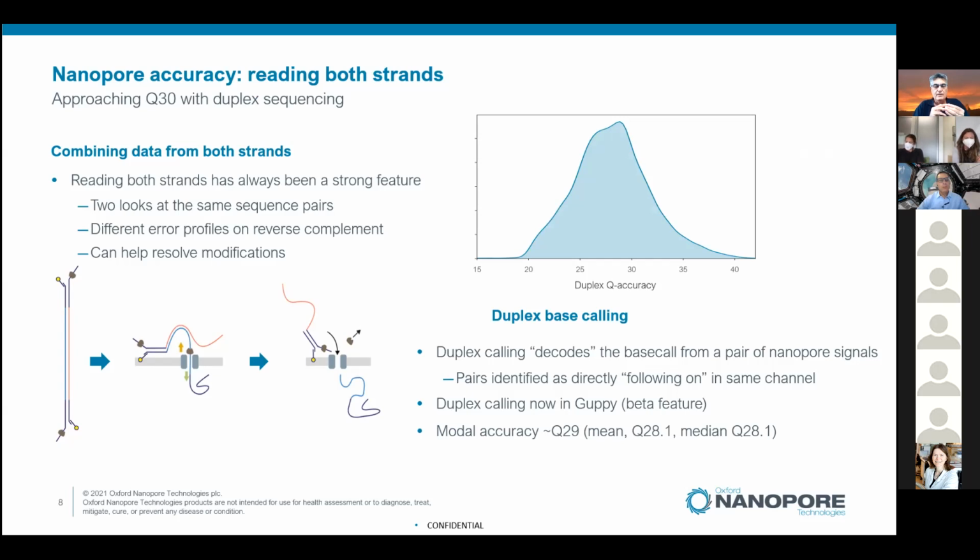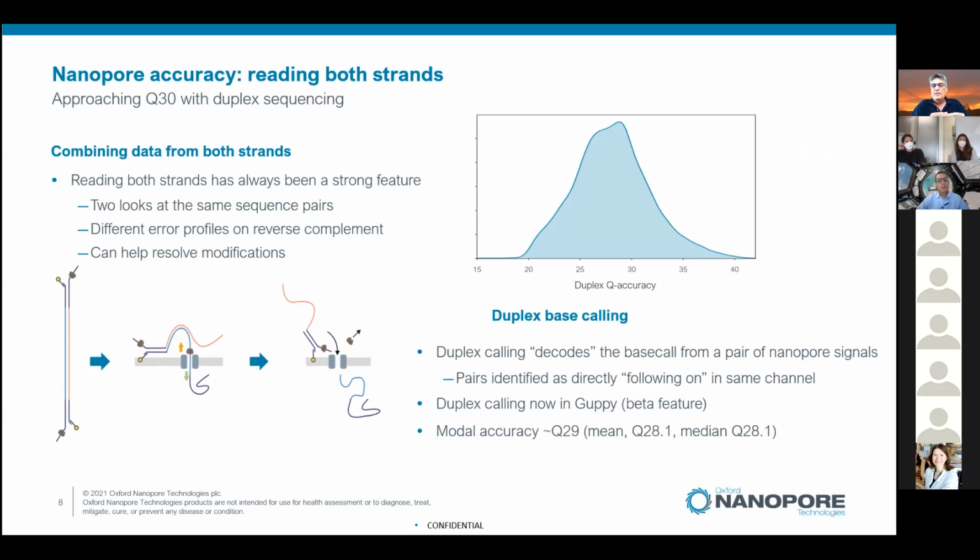And in fact, Mike might, in his talk, touch on the fact we're now over Q30 for some recent additional improvements. And the other thing that we've enabled is the amount of duplex reads that occur in a run. So tweaking our chemistry, we've increased the percentage of duplex reads to easily 10 to 20%. And our goal is 30, 40% at least. And so we'll be continually tweaking the chemistry behind the scenes.